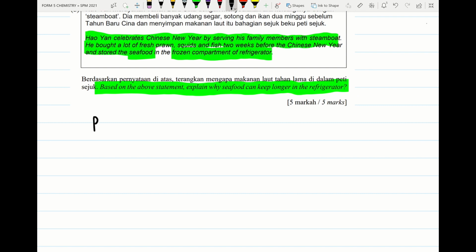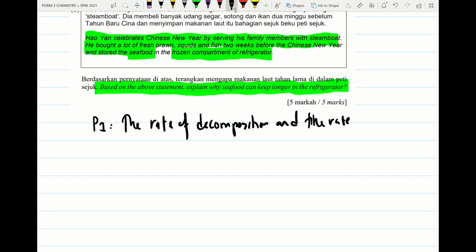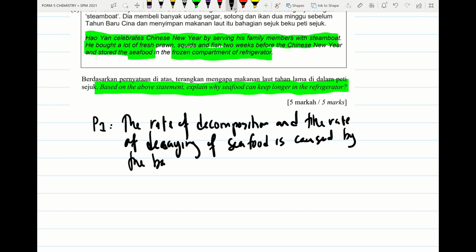So we have point one: the rate of decomposition and the rate of decaying of seafood is caused by the bacterial action from the surroundings.